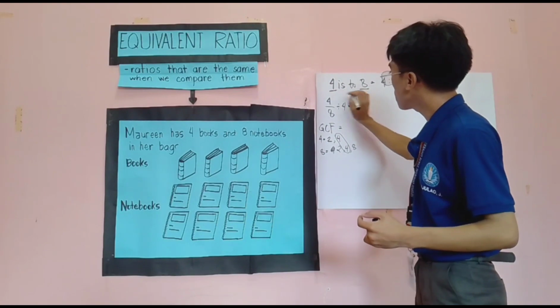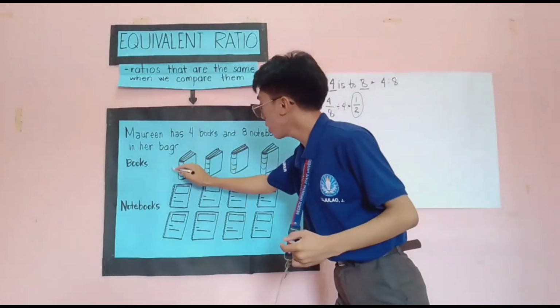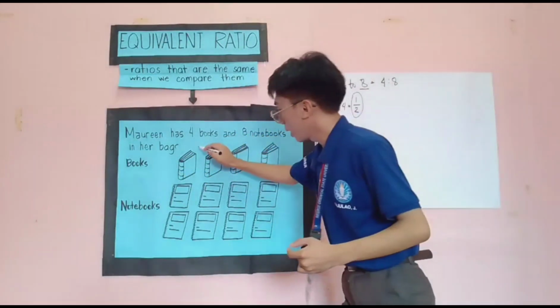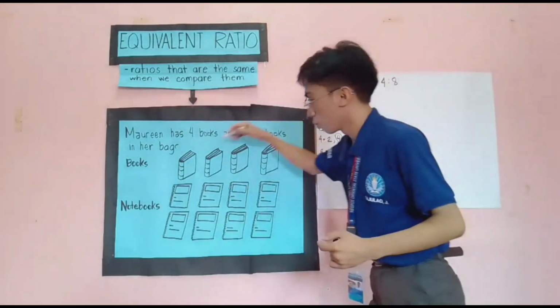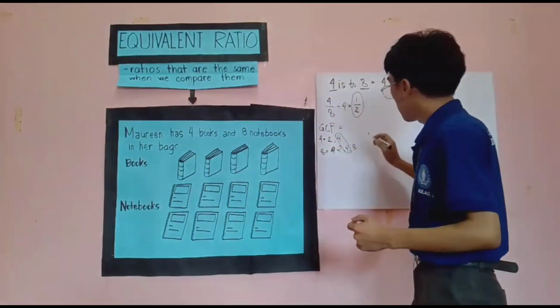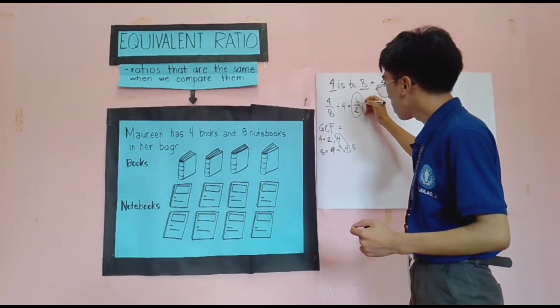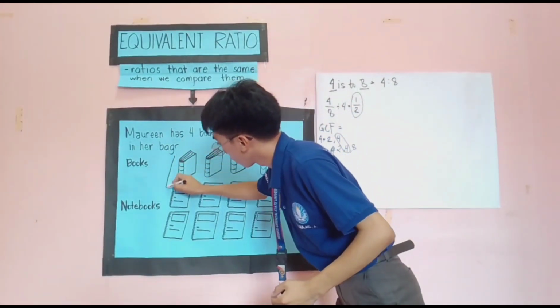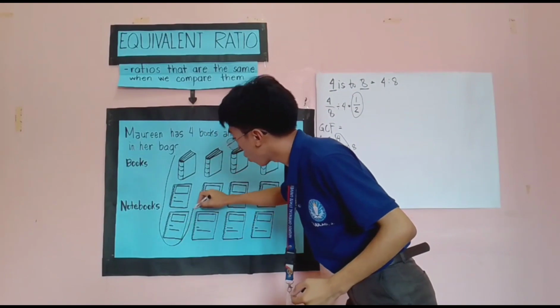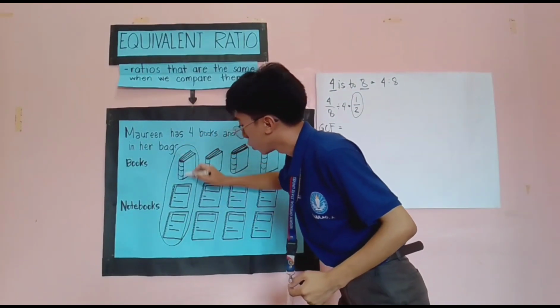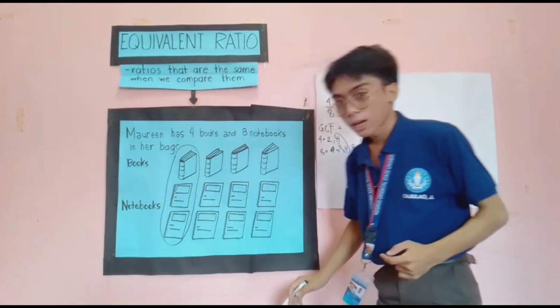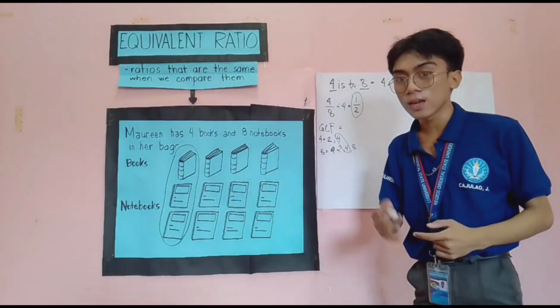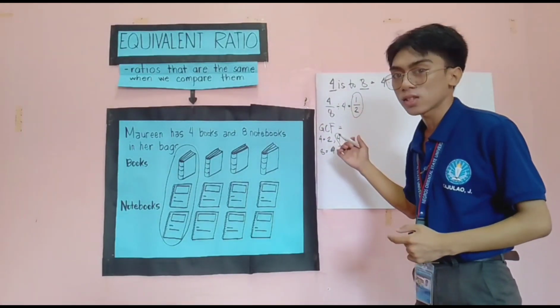There are 4 books and 8 notebooks, but the simplest form is 1 is to 2. For one book, there are 2 notebooks. That's how to find the equivalent ratio and its simplest form.